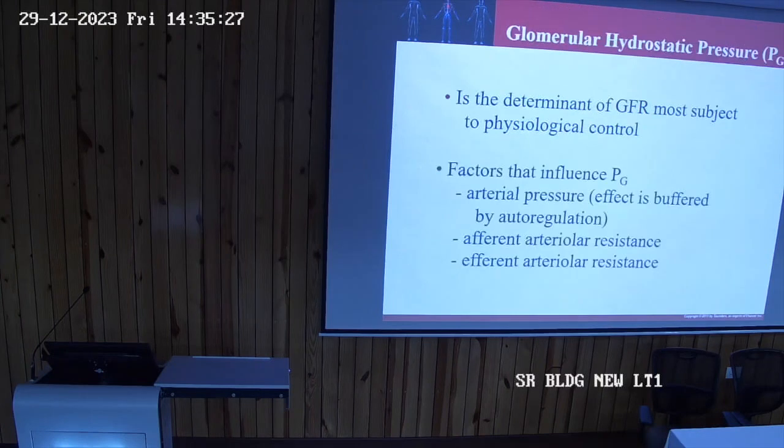Now, glomerular hydrostatic pressure. What are the factors which will govern or control this? What are the factors that can change the hydrostatic pressure of the glomerular capillaries? कौन कौन सी चीजें हो सकती हैं जो कि इसके प्रेशर के अंदर वेरिएशन ला सकती हैं?